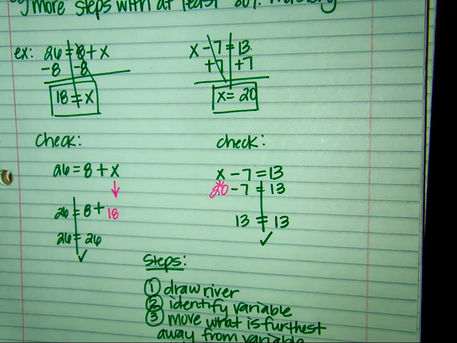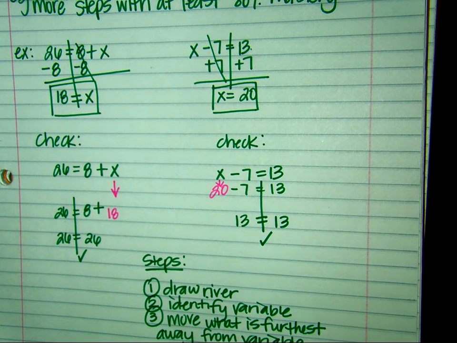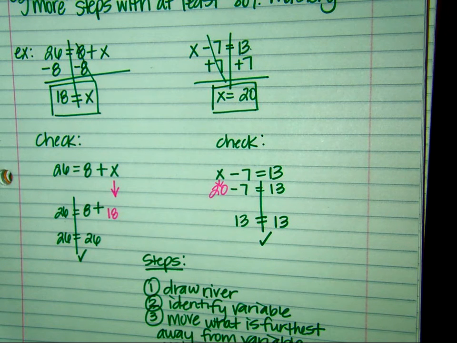Remember, the word inverse means opposite. Once you move it, you're going to just simplify it. So do whatever it is, adding, subtracting, multiplying, dividing, whatever you need to do.